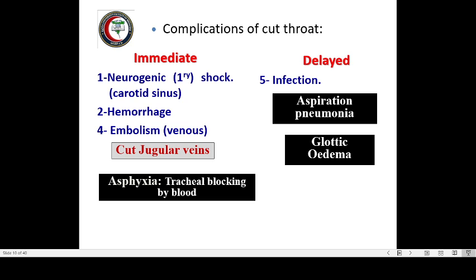So we may have a question in the exam, give reason asphyxia may occur immediately or delayed after cutthroat. In this case, we should write these three mechanisms: asphyxia by severe bleeding blocking the trachea, delay for few hours, asphyxia due to glottic edema, and asphyxia after few days due to aspiration pneumonia.